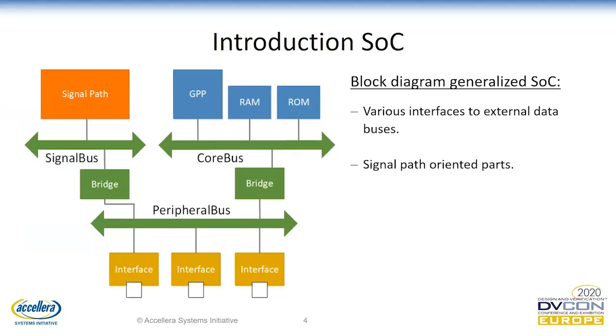The blue blocks, which we call control flow oriented parts, are things like the general purpose processor, GPP, and RAM and ROM, and more. These are the focus of what we want to talk about today. And at the end, we need some buses and bridges to connect all these parts together.